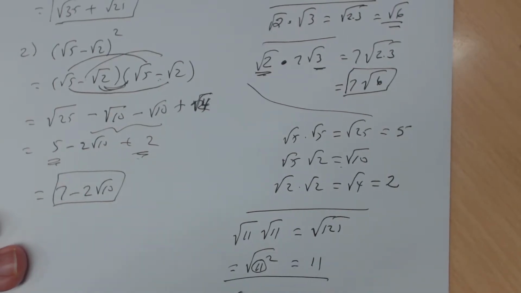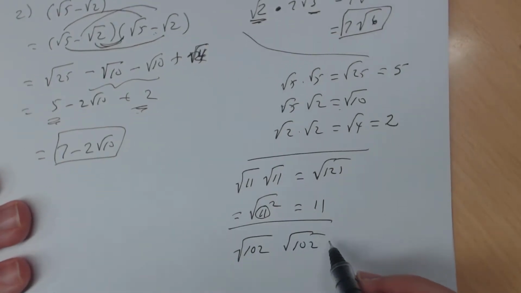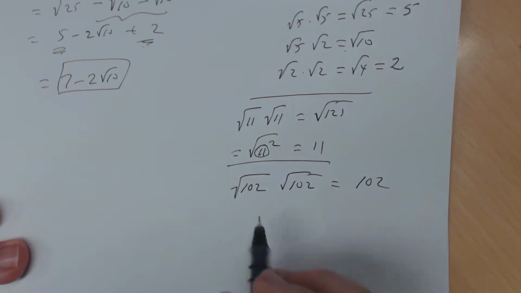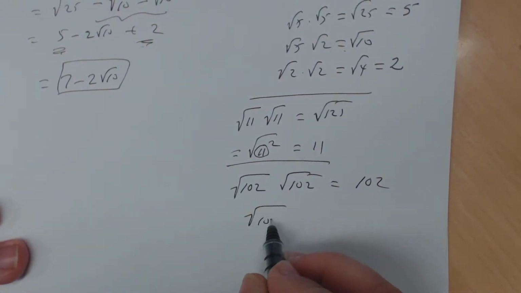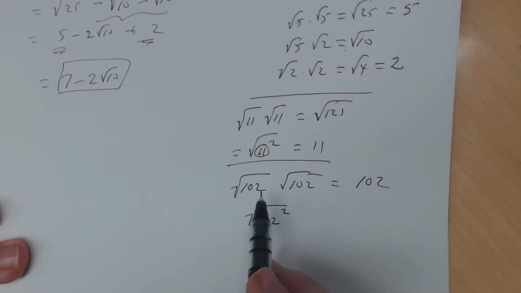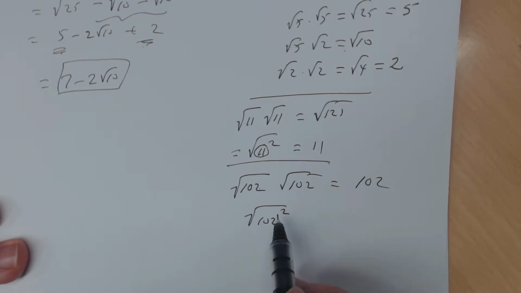So just keep in mind, if you have the square root of, let's say, 102 times the square root of 102, then it's just 102. Because the square root of 102 times the square root of 102 means the square root of 102 squared. 102 times 102 is 102 squared.